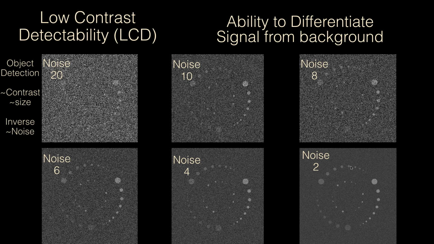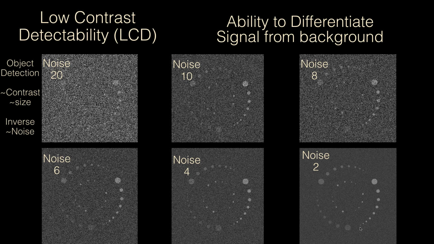So in order to design the best protocols for a given clinical task, what we need to do is find the point at which those lesions can be readily identified, but we don't necessarily need to make an image which looks as pretty as this image down here. So some level of noise is acceptable as long as it doesn't interfere with the clinical task.